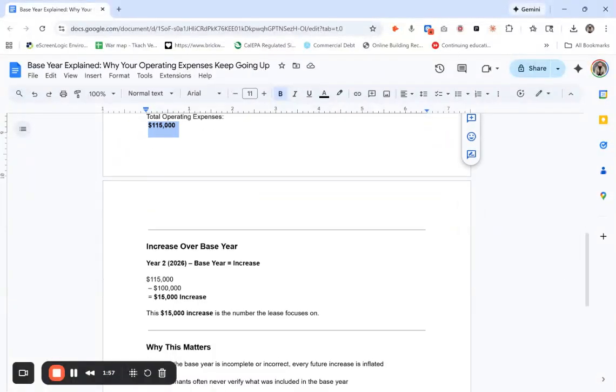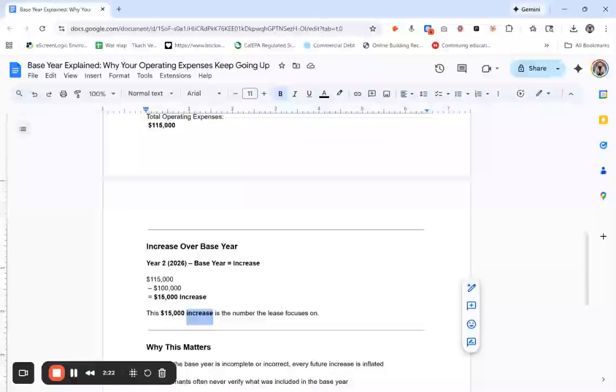They change from $100,000 to $115,000. Okay? Now that's a $15,000 increase. The $15,000 increase, and once again, I want to highlight increase here, is the number the lease focuses on when it comes to operating expenses above the base year.